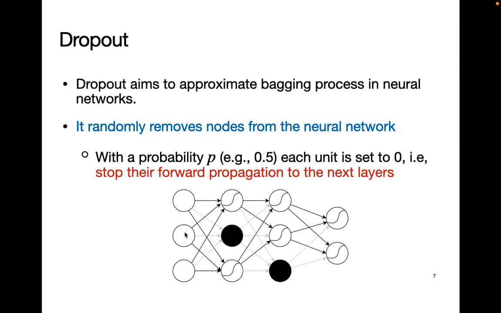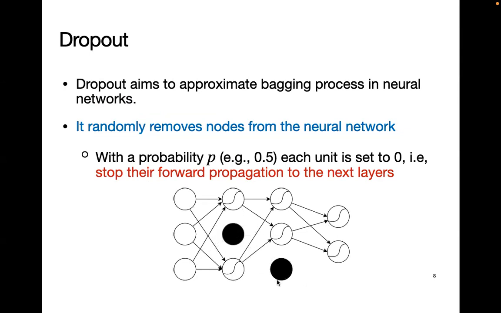So when you perform the forward pass, with a certain probability, you turn off certain neurons. You can end up having this network, and the connections to this neuron will not be influencing the overall network. So now what do we have? We have one network. Before we had 3 hidden units in each hidden layer. Now we have 2 hidden units in each hidden layer.